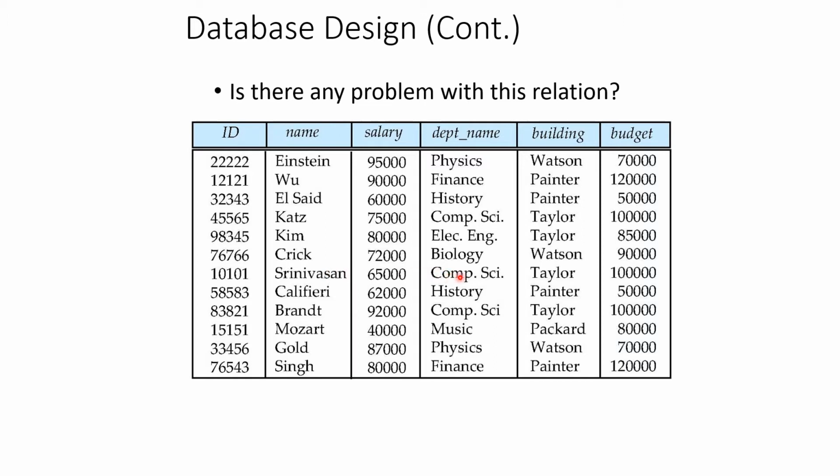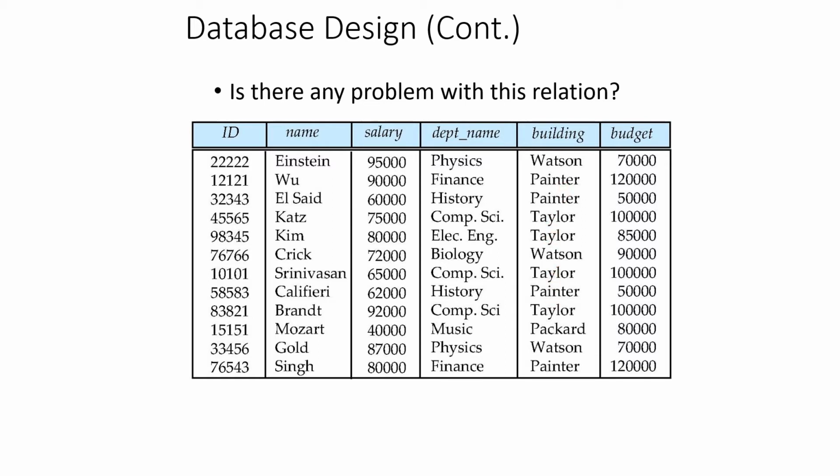So here we can say that the information is being repeated, because if I have grouped by department, then only by seeing this department all the persons of the same department can be listed here. But when we are seeing these names, again and again the same thing has to be written in front of them. So obviously here this building name Taylor, and then again Taylor, then again Taylor.